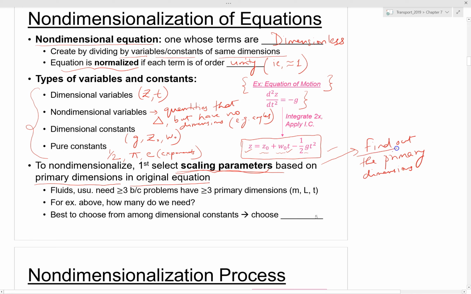In order to select the scaling parameters, first find out the primary dimensions. In fluids, usually we need greater than or equal to 3, because problems have 3 primary dimensions as such: length, velocity, pressure. In the above example, you see that our primary dimensions are length and time. So here basically we have 2 primary dimensions.